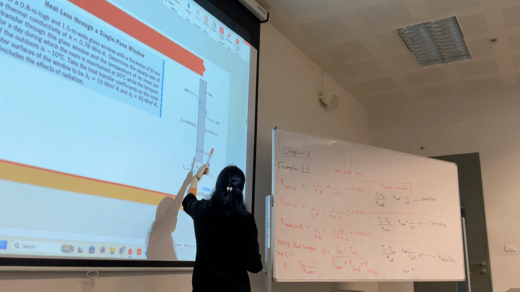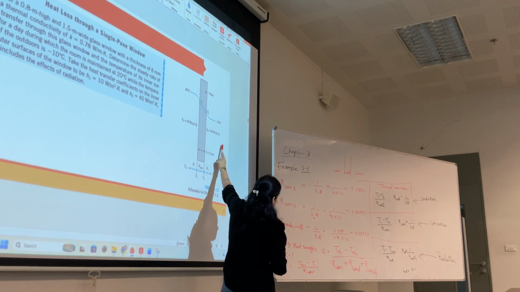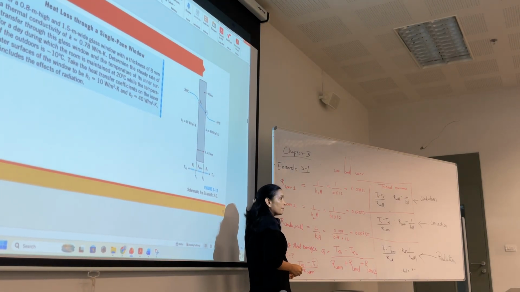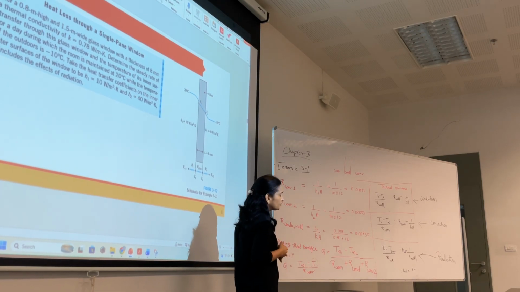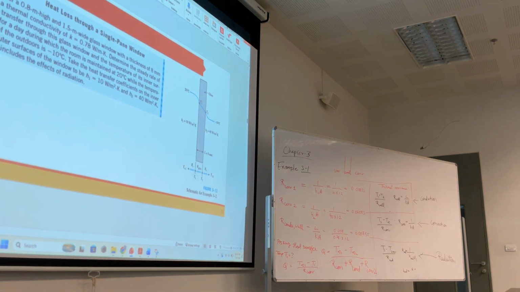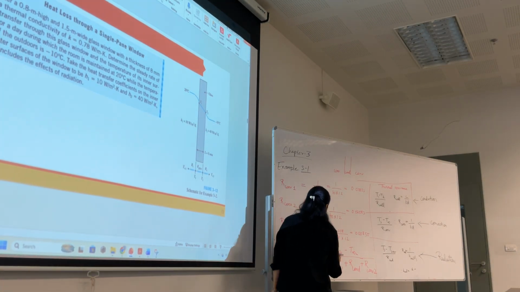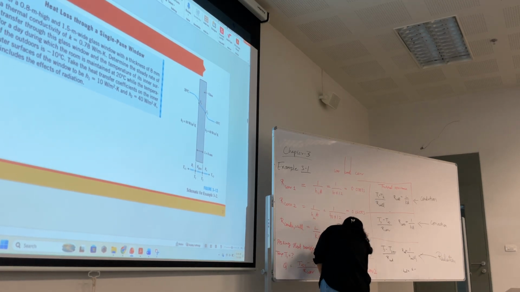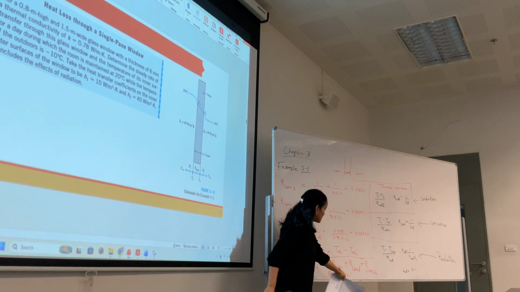If they are asking for the value of T2, you can again calculate it from T infinity 2: Q equals T2 minus T infinity 2 divided by R convection. The value of Q is 266 watts.